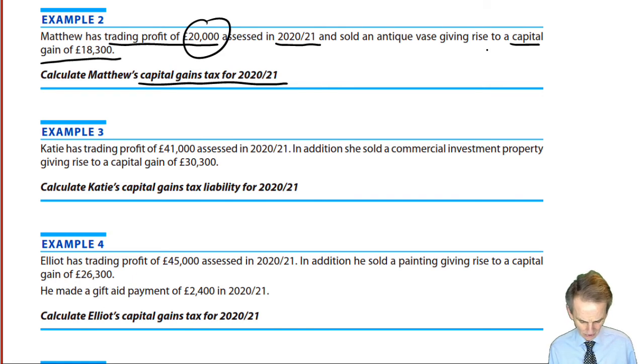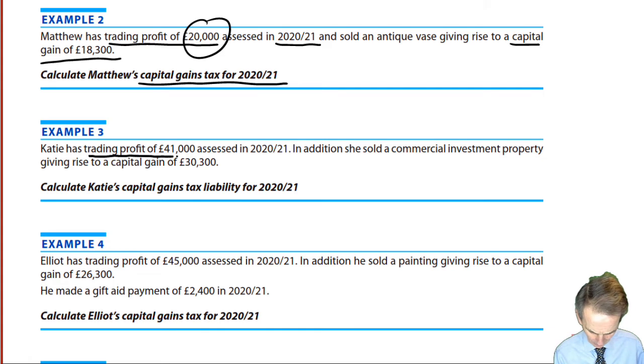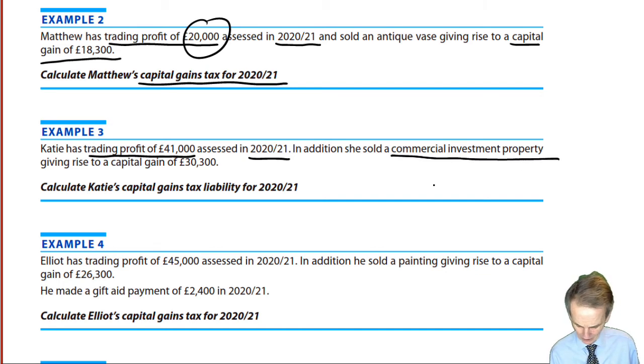And so it is also with example 3, where there's Katie with a trading profit of £41,000 as our 2021 assessment. Sold a commercial investment property. Again, that's the important word, commercial property is what you're interested in here, rather than residential.